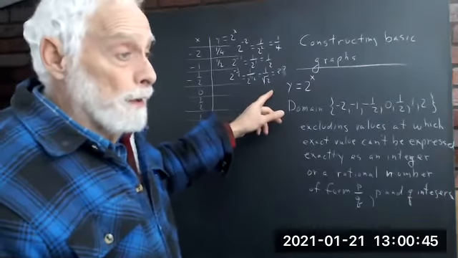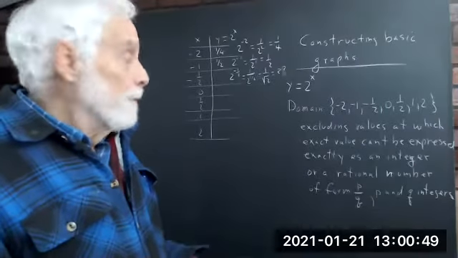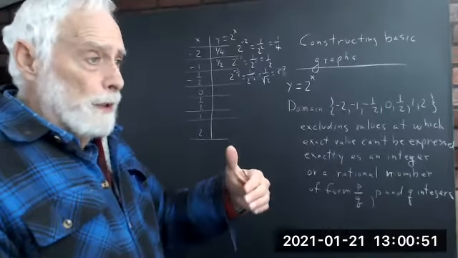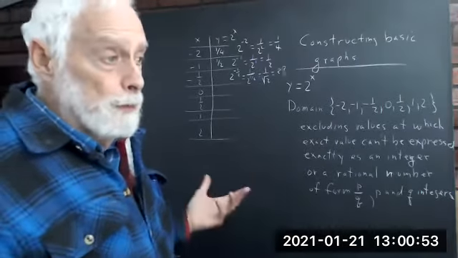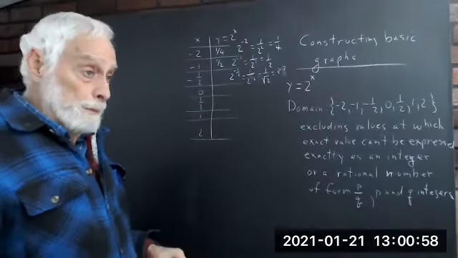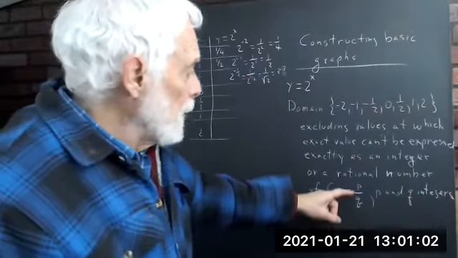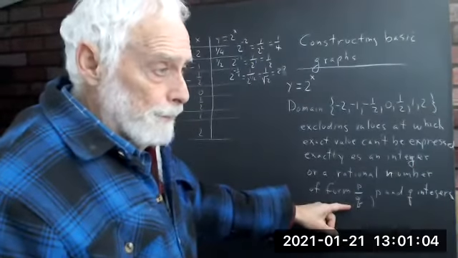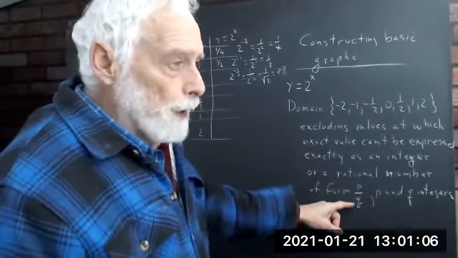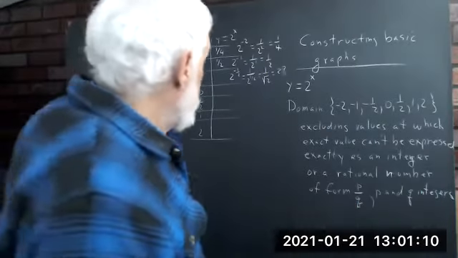I can construct the square root of 2 using a triangle. Just a right triangle with legs of 1 has a hypotenuse that's the square root of 2. That's the Pythagorean theorem, that's simple. I could construct the square root of 2, but I can't express it as a rational number. And if I can't express it as a rational number, I certainly can't express it as an exact decimal.